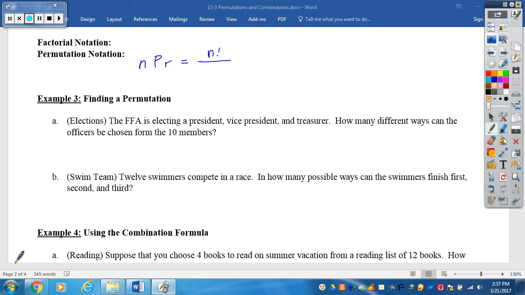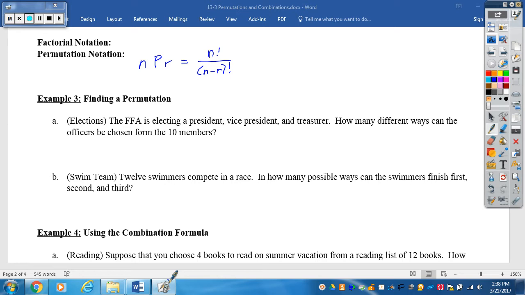The r is what we're selecting from that option. So in the previous problem, we had the 8 minus 3 factorial, okay? And so the 3 was the number that we're selecting from that. So the denominator is n minus r factorial, okay? And like I said, we already saw that on the previous example. That's just the formula that you're going to use for a permutation.